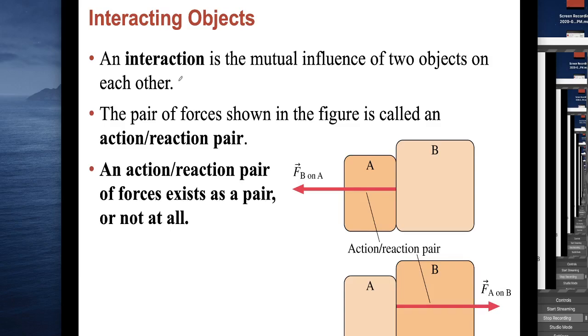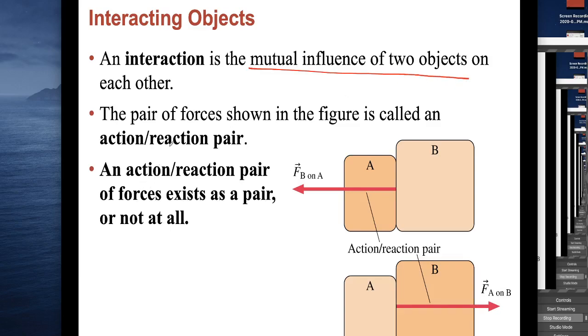This is Newton's third law. Newton's third law has several statements. First of all, it says an interaction or force between objects is always a mutual influence between two objects. This is the first statement.